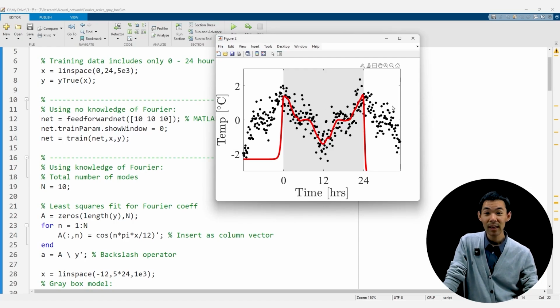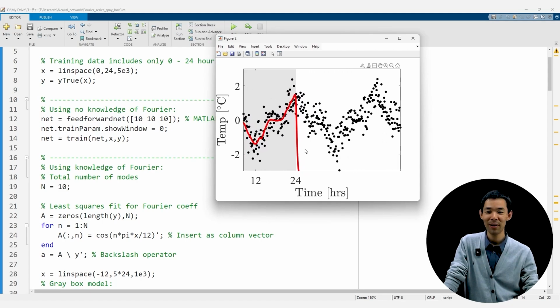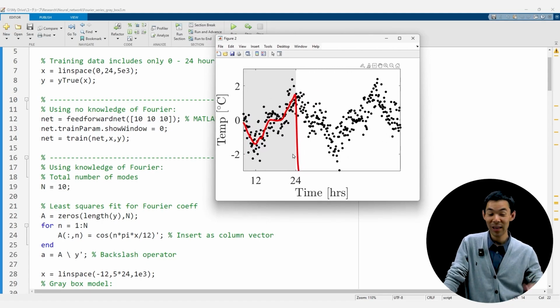But as you will see, if we just deviate a little bit away from the training set, for example, this is tomorrow's temperature. So beyond 24 hours, you kept getting temperature readings. And if you wanted to predict the temperature tomorrow, this neural network would do a terrible job. Look, it's jumping way down after 24 hours.